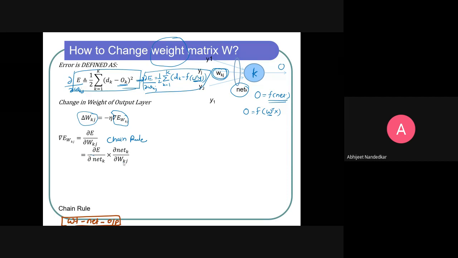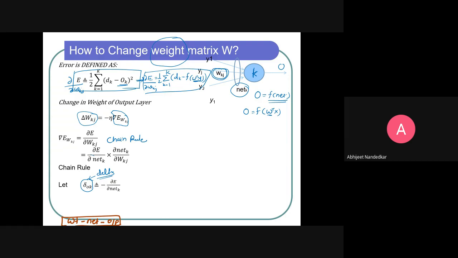So if I apply the chain rule, then I call this change in error with respect to net_k as some delta signal. Okay, this is some delta. Now you will see the importance of this delta in the next step.